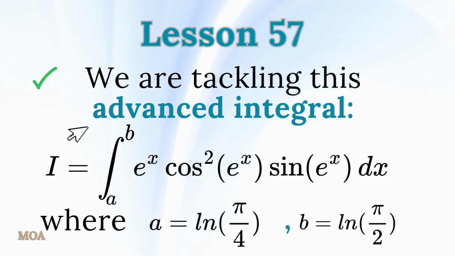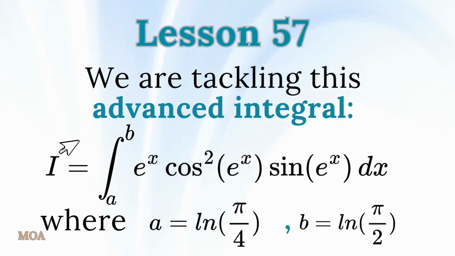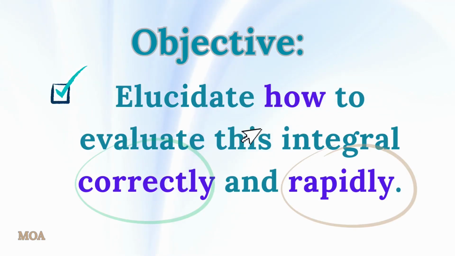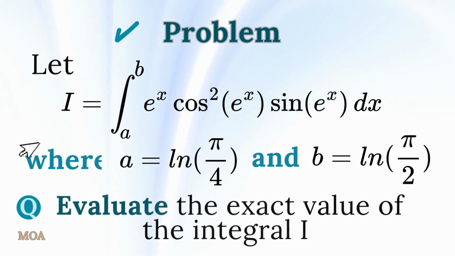In Lesson 57, we are tackling an advanced integral that has stumped many students, and we will elucidate how to evaluate it correctly and rapidly. Here is our problem statement.